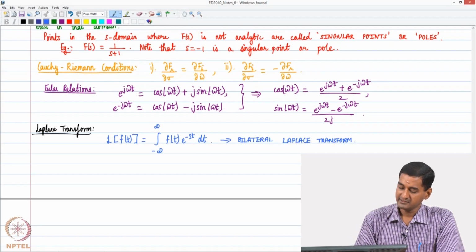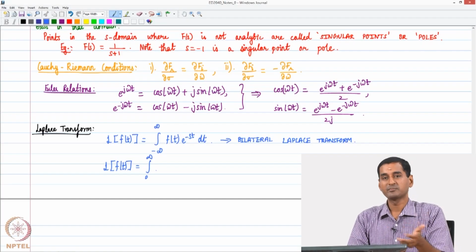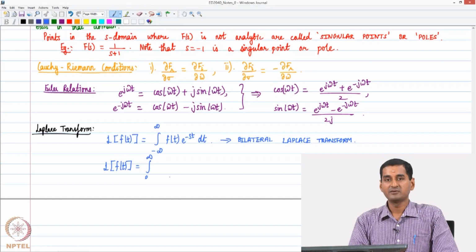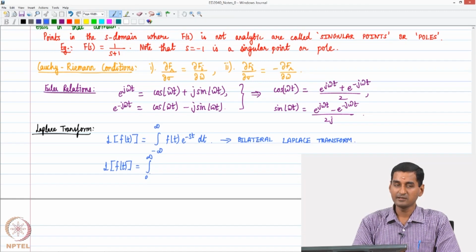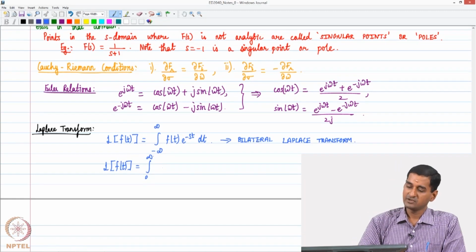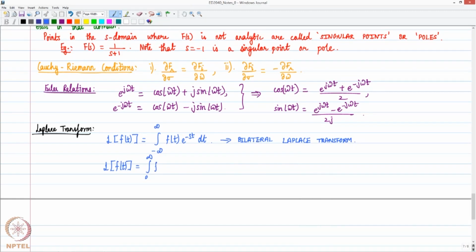On the other hand, in this particular course we would use what is called a unilateral Laplace transform, because typically we are going to start the analysis of a system from time t equals 0. So we make the lower limit 0, and consequently we go from 0 to infinity of f of t e power minus st dt.